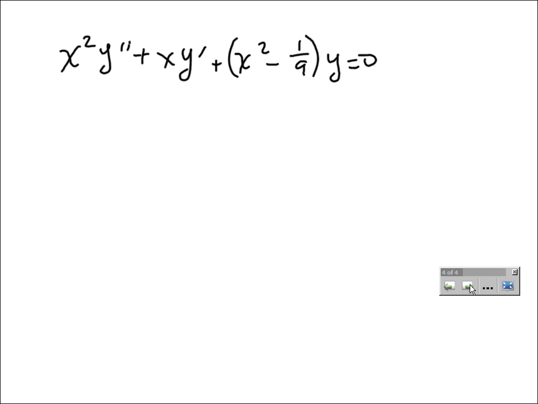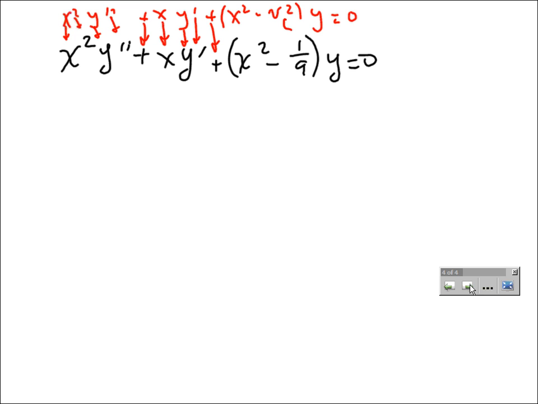The Bessel equation is x squared y double prime plus x y prime plus (x squared minus v squared) y equals 0. Basically, v squared is 1 over 9. So v is plus or minus a third.